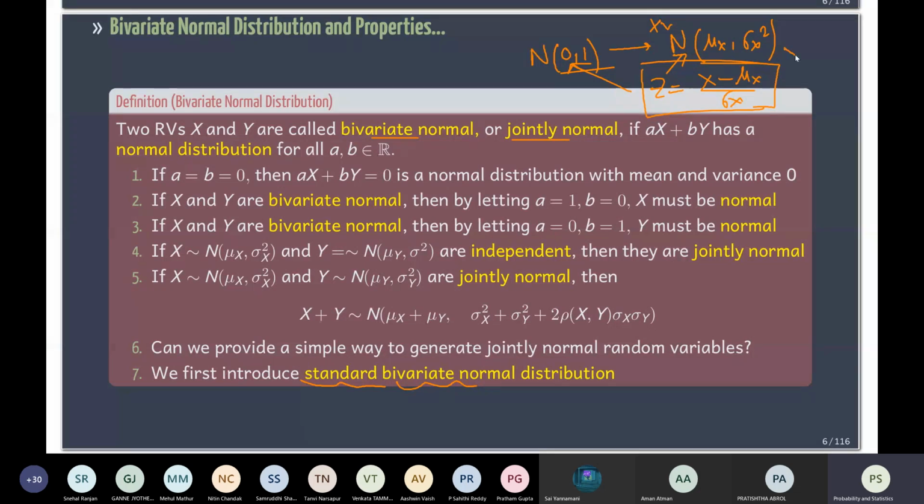So x will be sigma x z plus mu x. So if I'm given a standard normal, then I know how to go to a normal with expectation mu x and variance sigma x squared. Okay, so both ways we can go. So our plan is to first study the standard normal, and then we will see how to go to the bivariate normal with appropriate scaling.